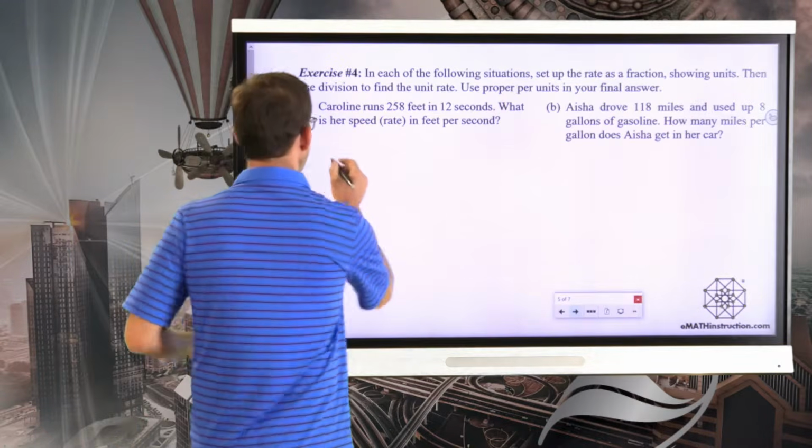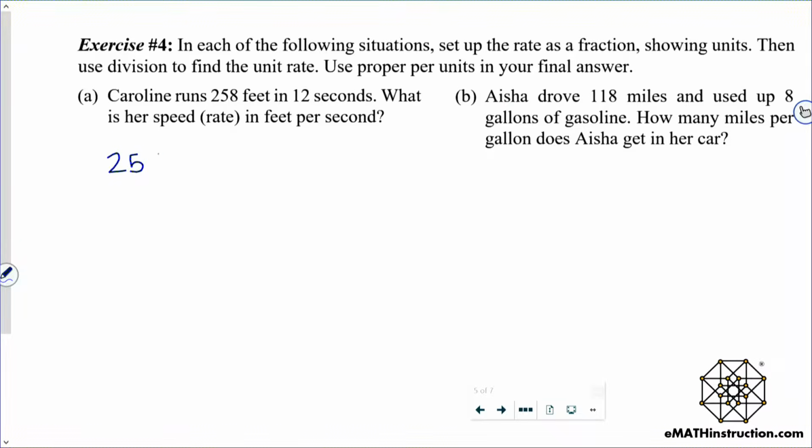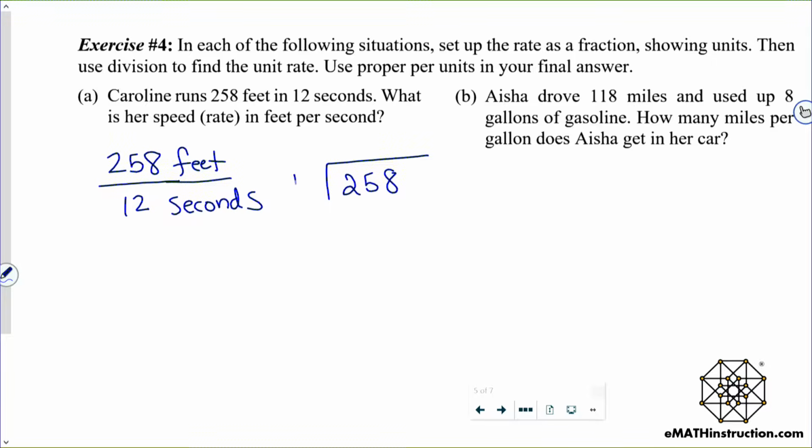So literally what we're looking for here is 258 feet per 12 seconds. Now I want to actually do a little bit of division here. I'm going to take 258 and divide it by 12. I don't know if this is going to be a decimal or not, but we're going to find out.